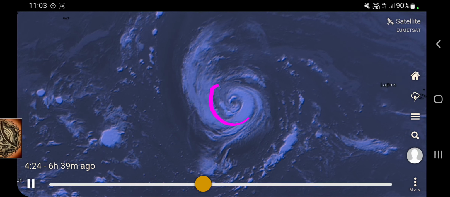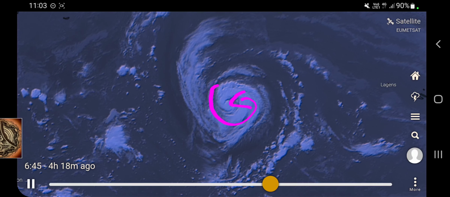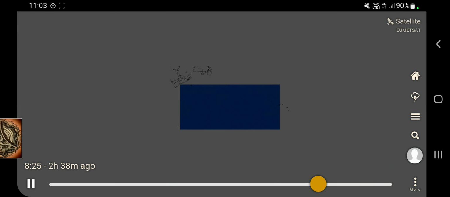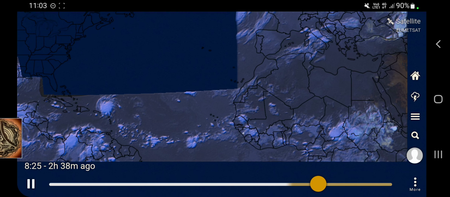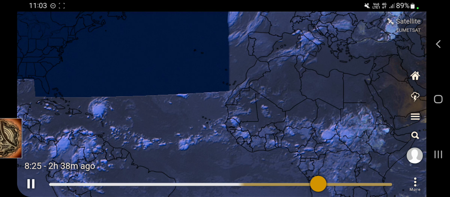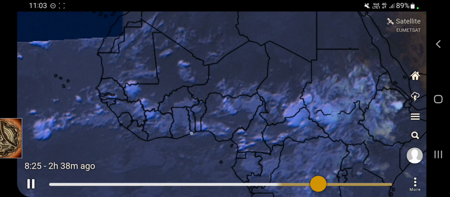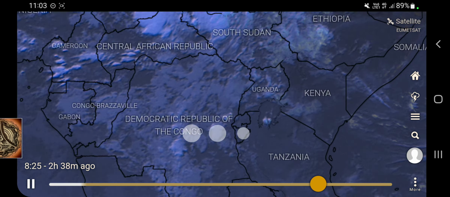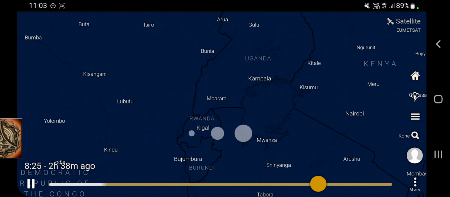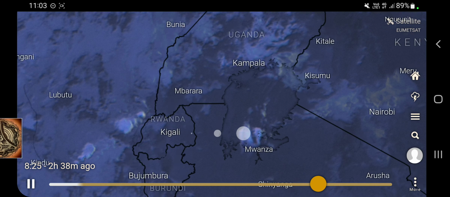It seems to spin counterclockwise, since we are in the northern hemisphere. Here we have Lake Victoria. Kampala?